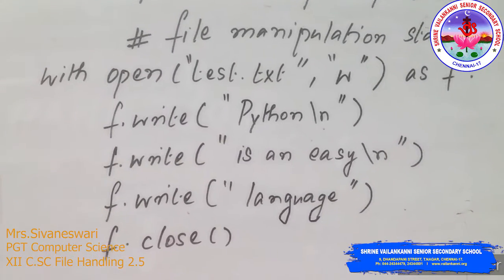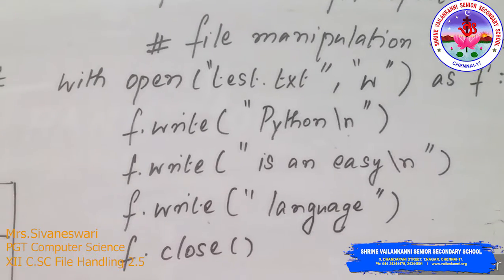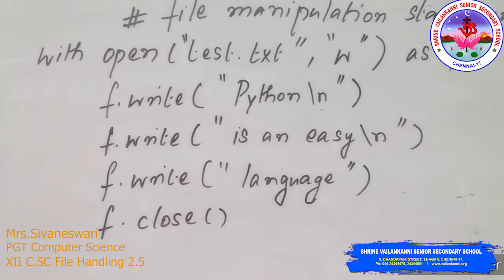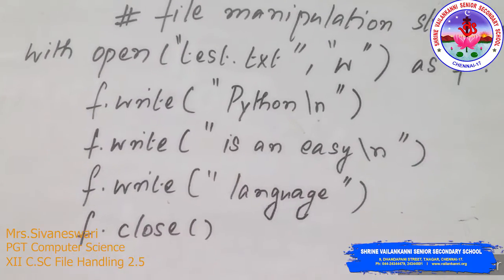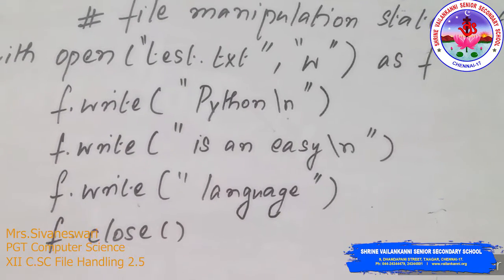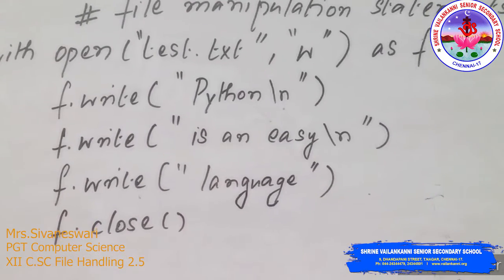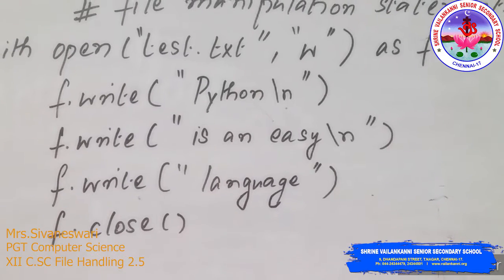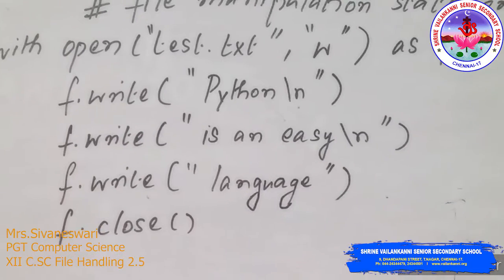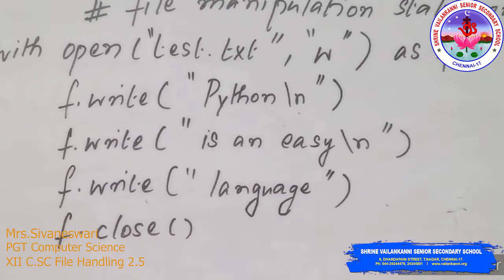Then inside the with block we write f.write of "Python\n", f.write of "is an easy\n", f.write of "language", and then the file is closed. Here Python is written in one line, and \n tells there is a new line, so the next line will be written on a new line. "Is an easy" again has \n, so the write statement for "language" will be written as a new line inside the file.